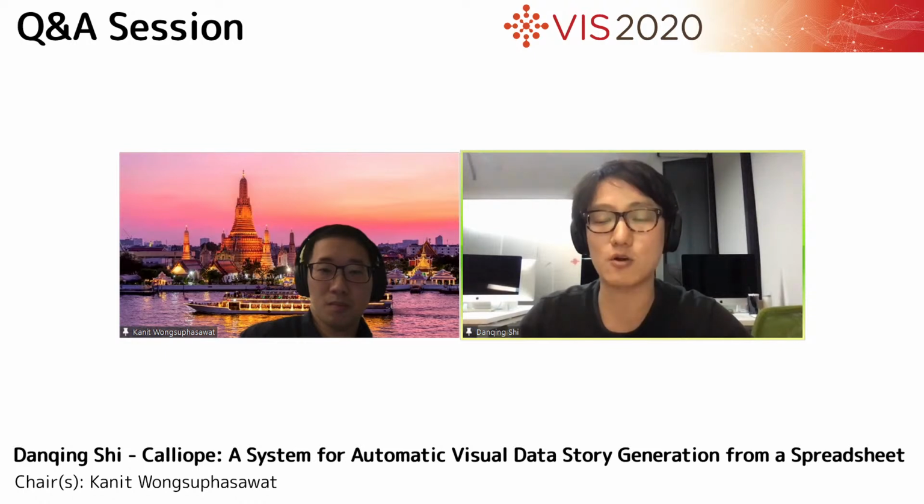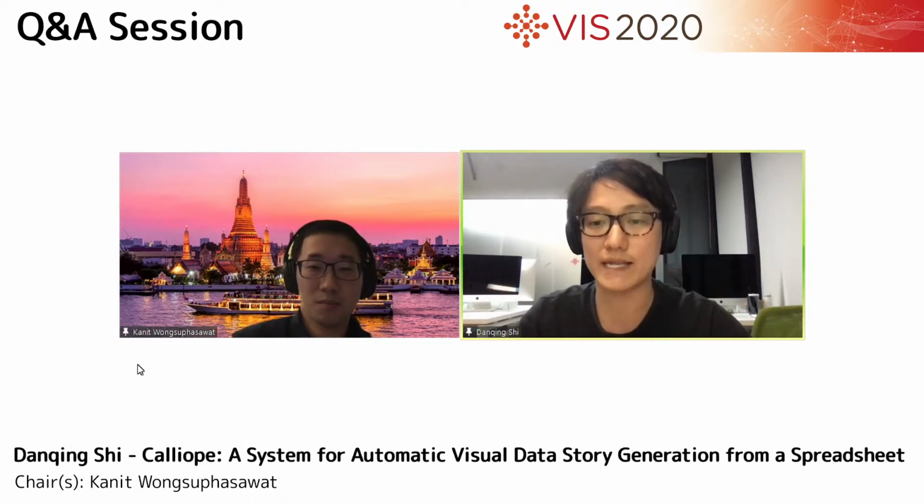However, our algorithm will try the best to provide the most informative facts to the users. And furthermore, users can continue to explore using our Calliope editor to refine the results.